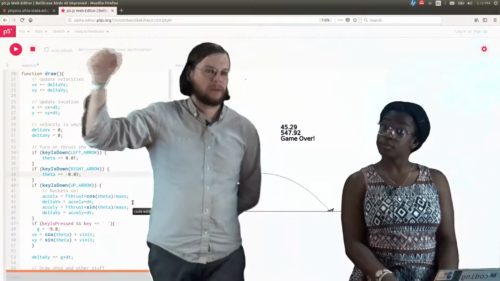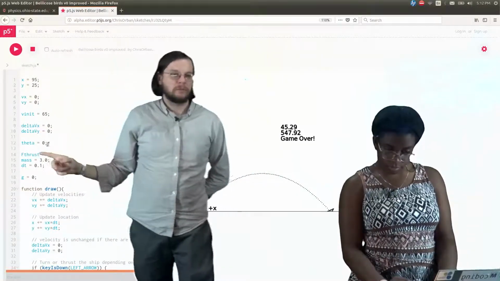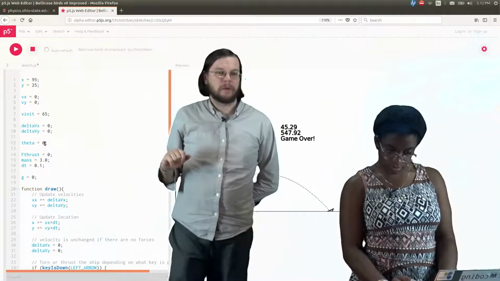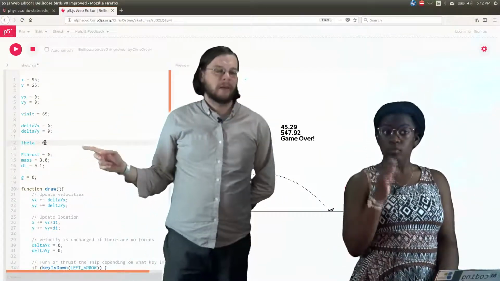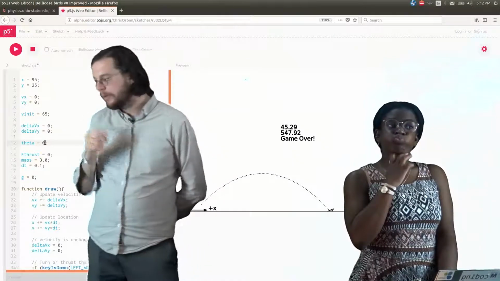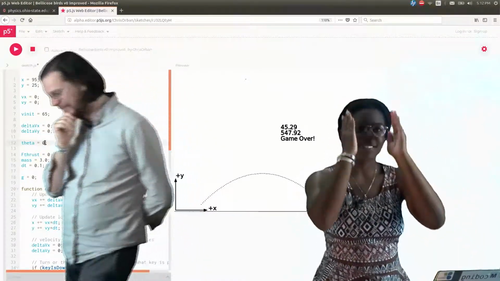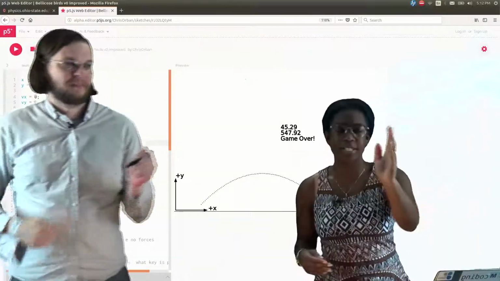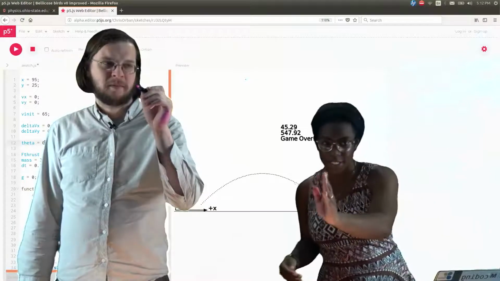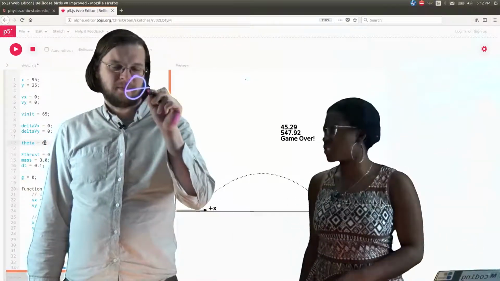Another way to do it is to go up to the beginning, and we can set theta equal to whatever we want, 45. But here's the thing: it's in radians. So how do you convert 45 to radians? We had radians times 180 over pi equals degrees. So to get from degrees back to radians, why don't we just reverse it?